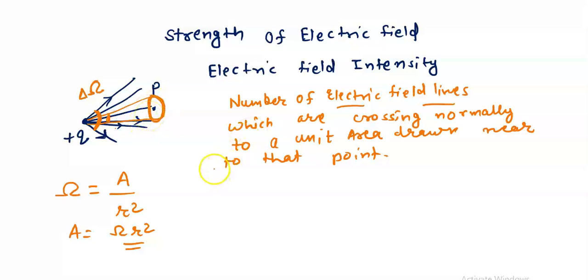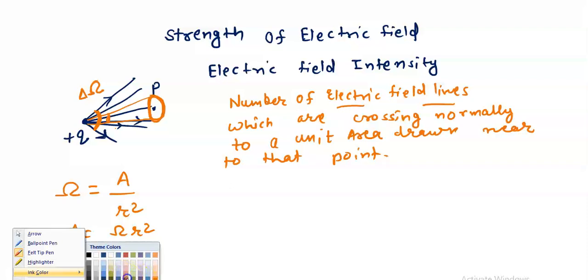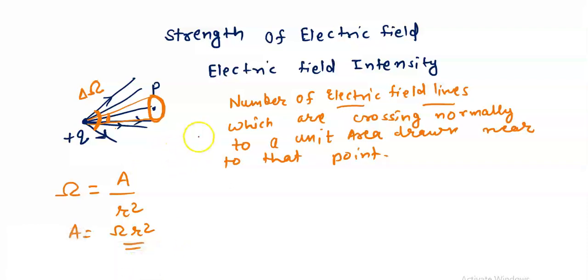Now if we can find the number of electric field lines cutting this area, then that will be a great help. So we can do that also. For that we have to assume that there are a number of electric field lines which are crossing unit area, and by that we can do this.